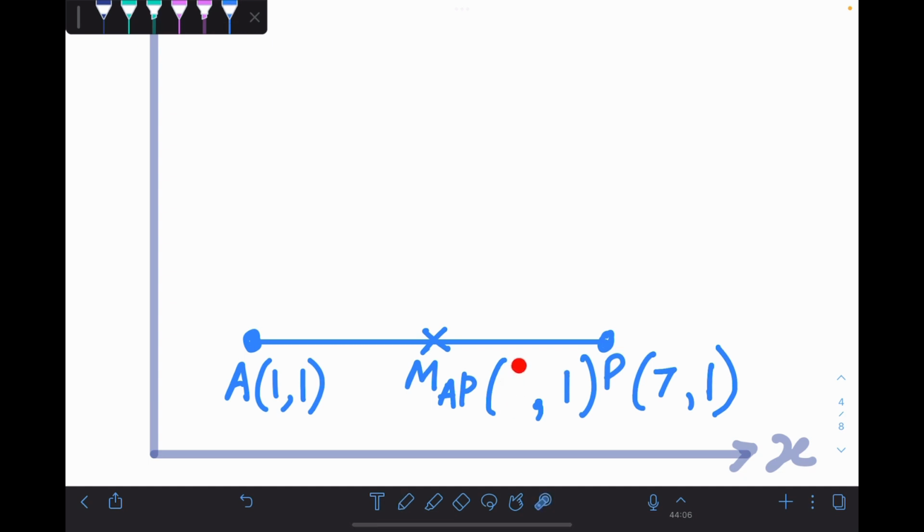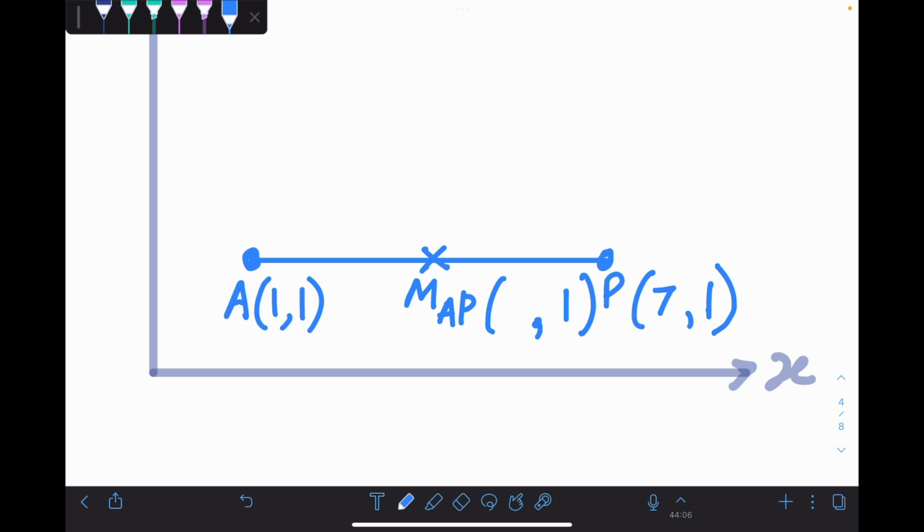So I need to figure out this one. I know it's somewhere between 1 and 7, so I might even write 1 here and 7 here.